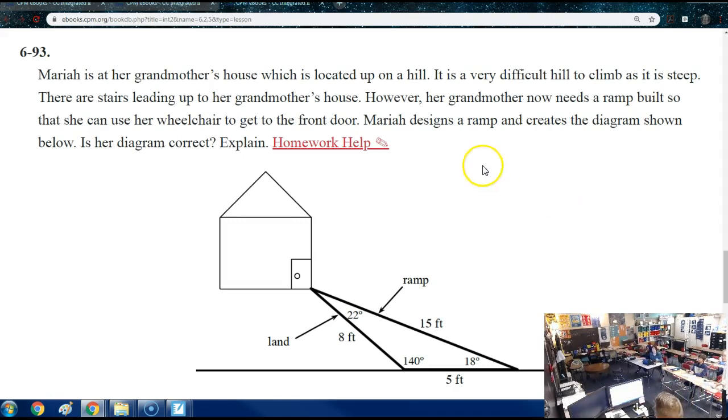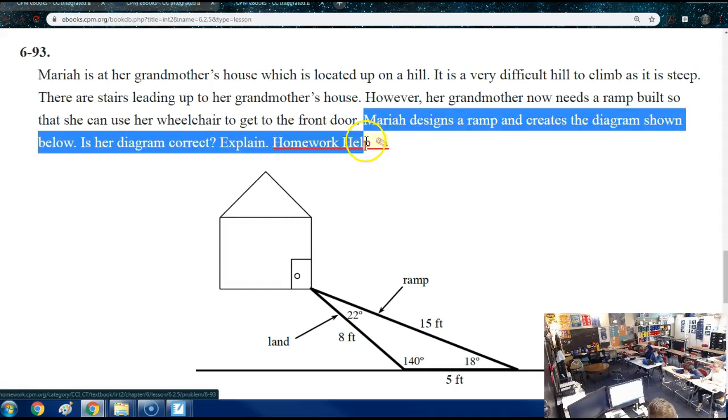I will say, be careful with this problem. It's one of those where, if you visualize it awkwardly, it's kind of awkward. So Maria's at her grandmother's house, which is located up on a hill. So imagine this is the road and the house is above the road level, right? It's a very difficult hill to climb as it is steep. There are stairs leading up to her grandmother's house. However, her grandmother needs a new ramp built so she can use her wheelchair to get to the front door. So Maria designs a ramp, creates the diagram as shown below.